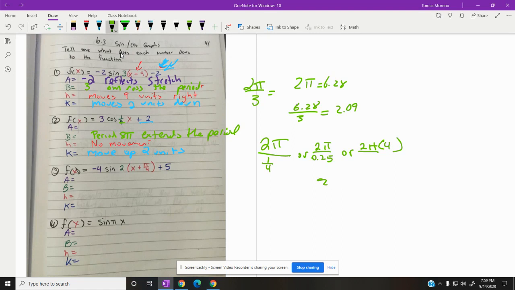The amplitude is purple. So it's 3. That means it's going to stretch it. It's going to make it bigger. So we know that it's going to go all the way up to 3, come all the way down to -3. So it stretches to be bigger.